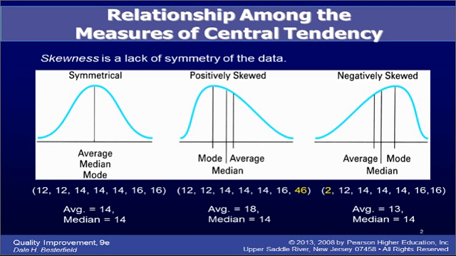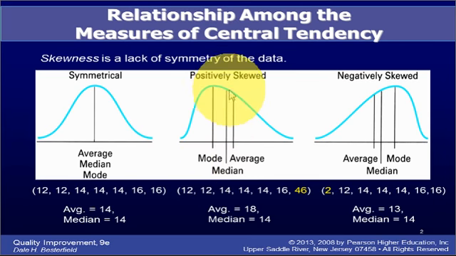These three graphs show the relationship among the measures of central tendency, and we use skewness as a measure of the lack of symmetry of the data. The average is the most commonly used measure of central tendency. It is used when the distribution is symmetrical or not appreciably skewed to the right or left. The median becomes an important measure when the distribution is positively or negatively skewed.